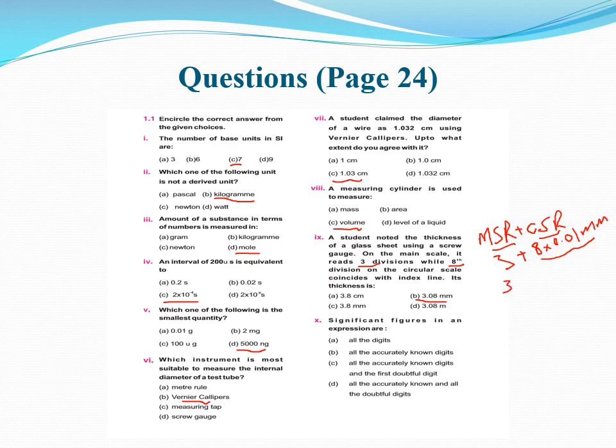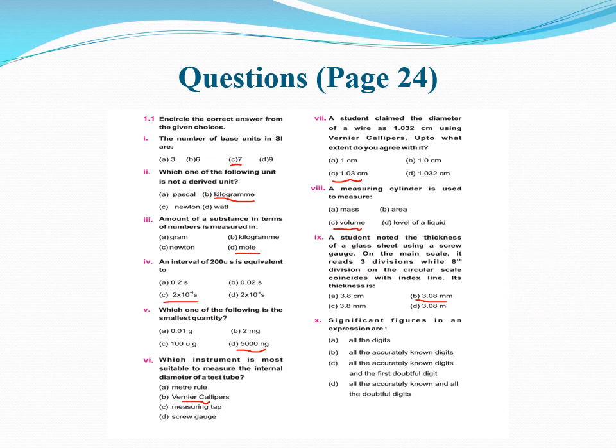So we would be having 3 plus 0.08, and upon summing, finally we get 3.08 millimeter. So this is how we can measure any small object length with the help of a screw gauge.